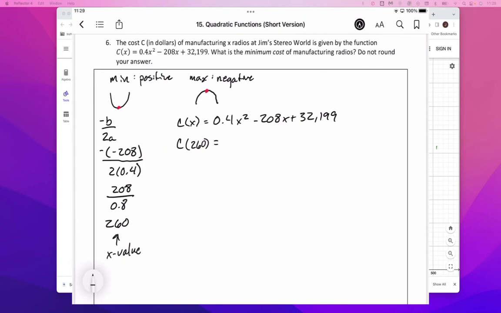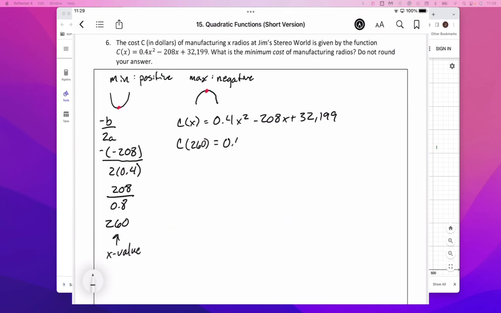And so that C of x being 260, just remember that's the same thing as y equals. It's just a fancy different way of writing it. Maybe we call it function notation, but don't get tripped up by the C of 260 there. I could put y there and it would be the exact same thing.